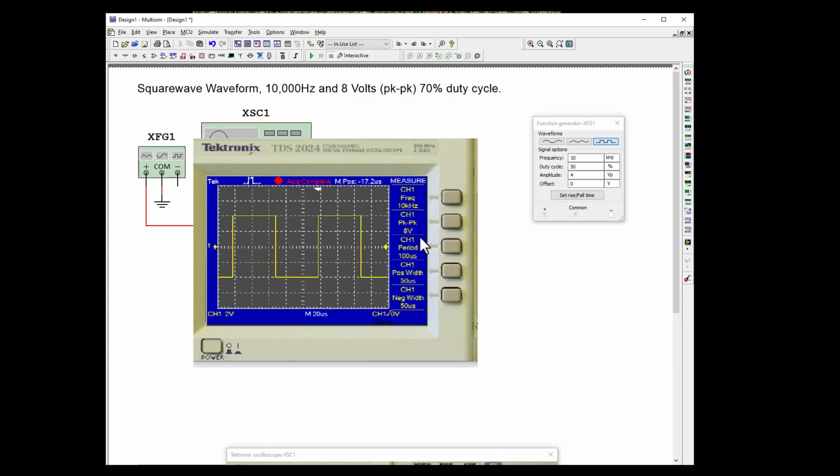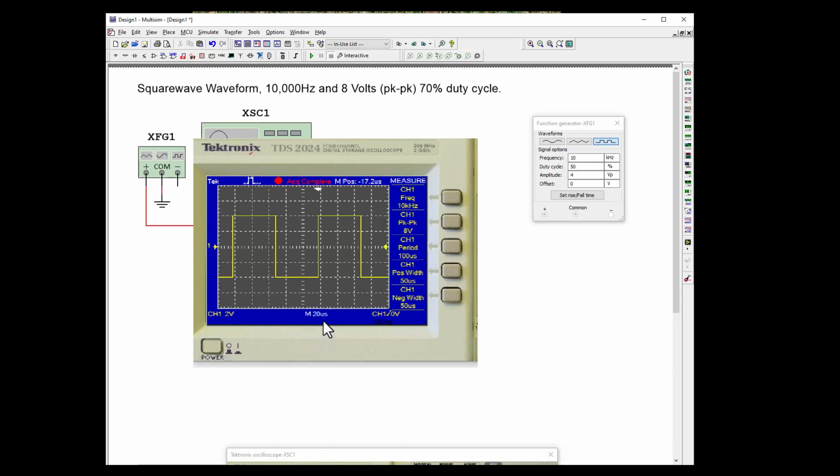10 kilohertz, 8 volts peak to peak. Alright, so we have 4 volts above the 0. And if you notice here, we have 2 volts, and that's 2 volts per division. So each one of these boxes, so we got 0 volts, 2 volts, 4 volts, 0 volts, minus 2, minus 4.